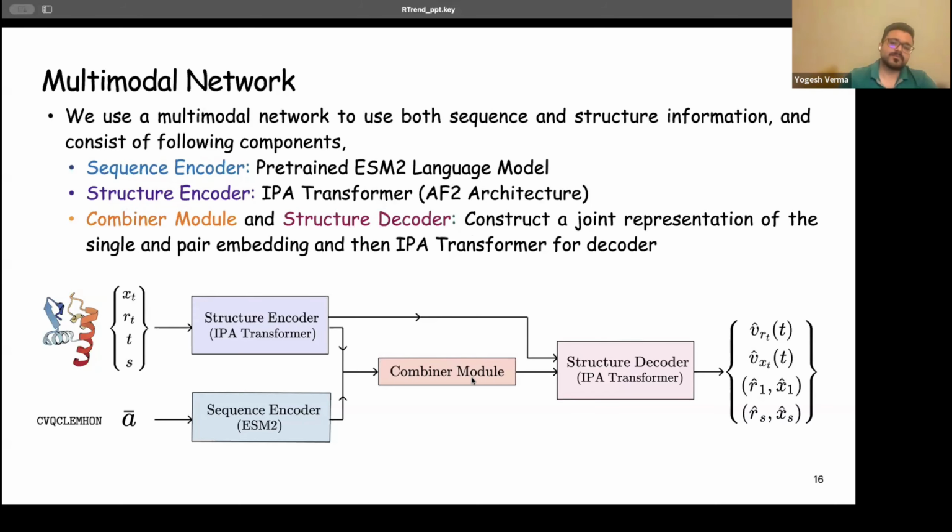It's also given in this diagram. We have the noised states xt, rt, and t, and the sequence encoder output, which is passed through the combiner module that concatenates and merges these two representations. And at the end, there is a decoder. So it's an encoder-decoder framework that gives you the corresponding velocities, because we are learning the velocity and any auxiliary outputs.